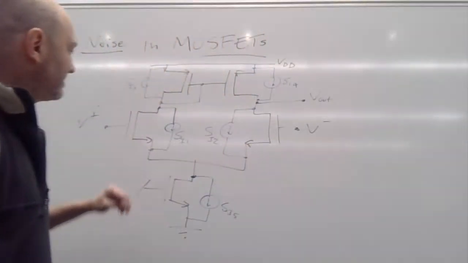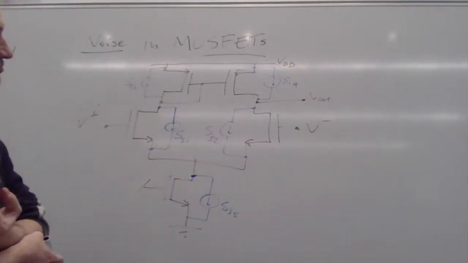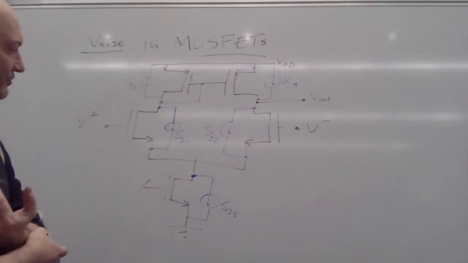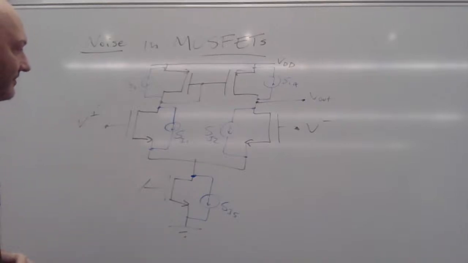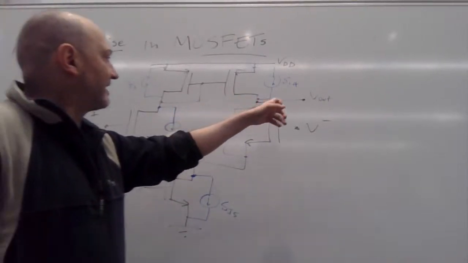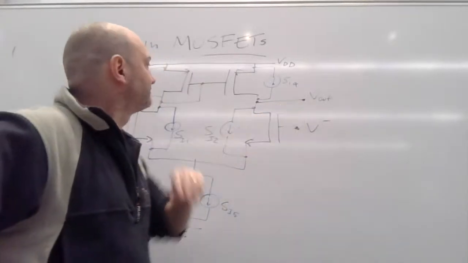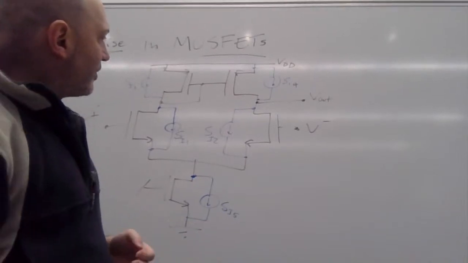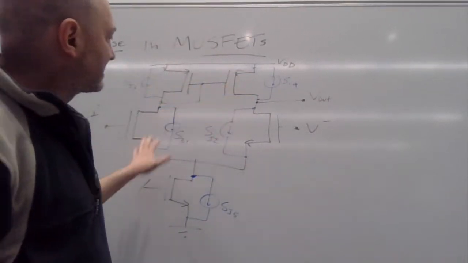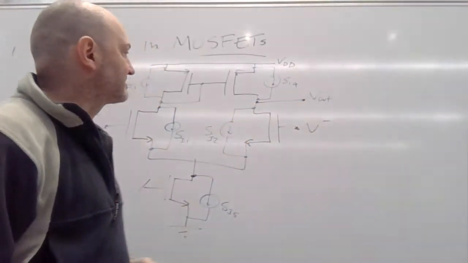Right, so now we need to see how these sources combine to give us an output noise. What we want to know is the effect we have here at the output. The easiest way of doing it is to see how these noise currents add up at the output there.